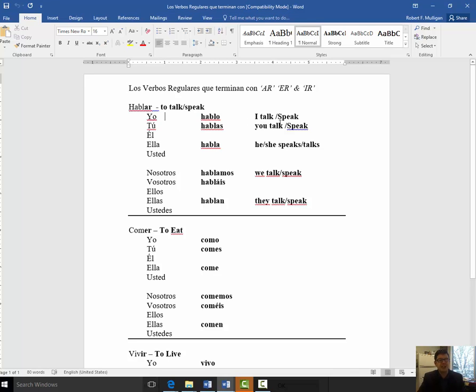So when we conjugate this verb, it's different than in English, as you've learned with the verb ser.